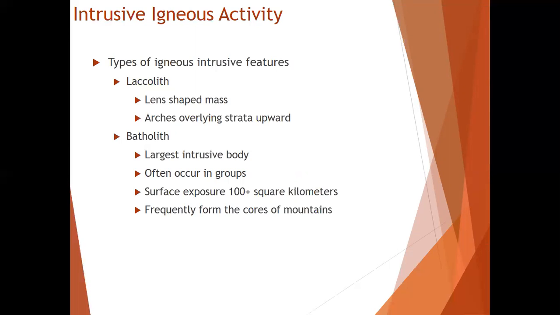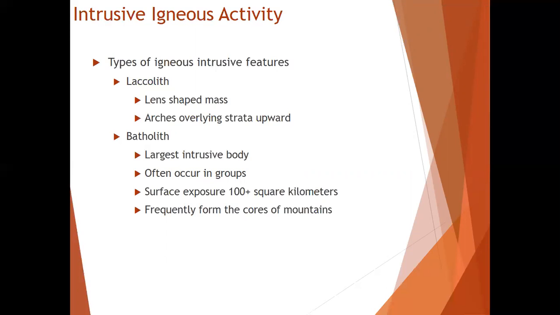And it can then lift the sedimentary strata that it is penetrating through. These are usually associated with a central magma body, and there may be branching offshoots that form other laccoliths as well.